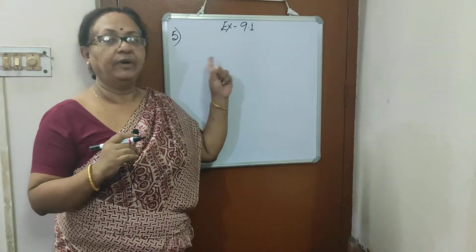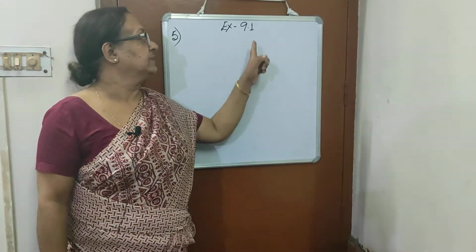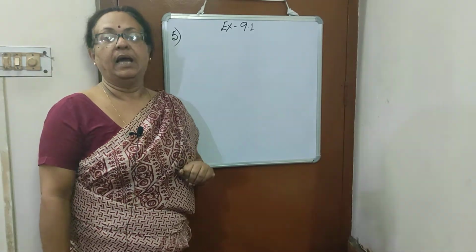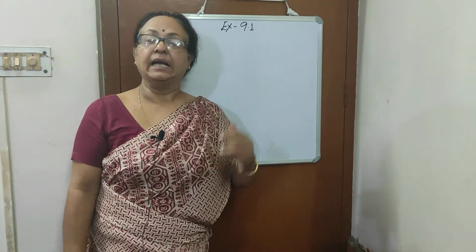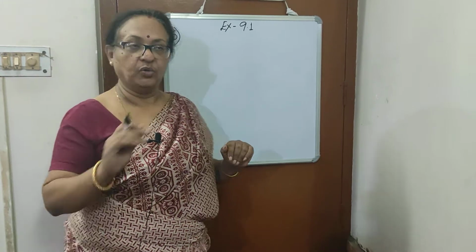Okay children, we take up another example, question number 5 again of exercise 9.1. Again see the question, what is said, a kite is flying at a height of 60 meters above the ground.